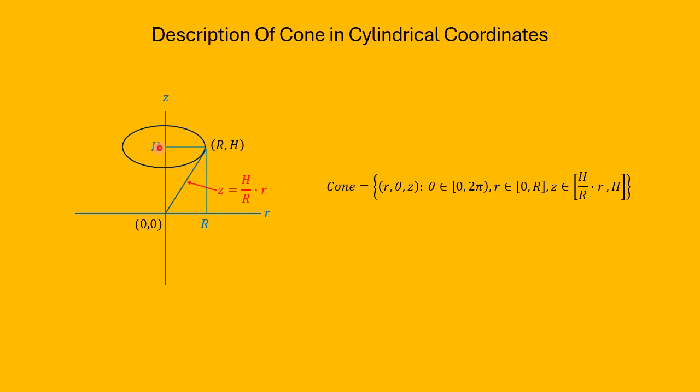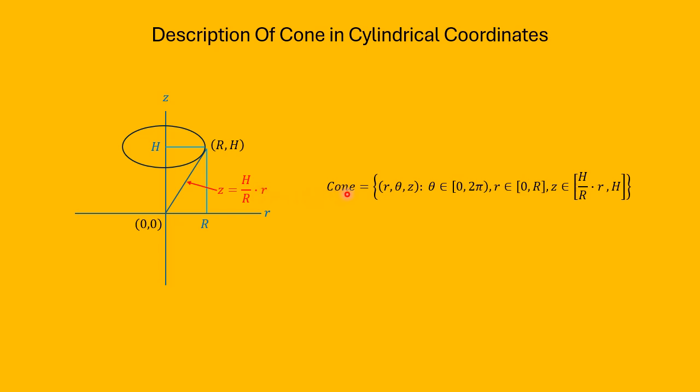So on the z-axis, this number right here is H. That means that the coordinates of this point right here on the outside of that cone in two dimensions is capital R, comma, capital H. Well, the line going from 0, 0 to capital R, capital H, by the point slope formula or whatever other formula for equations of a line you want to use, the equation of this side in this coordinate system is just z equals capital H over capital R times little r.